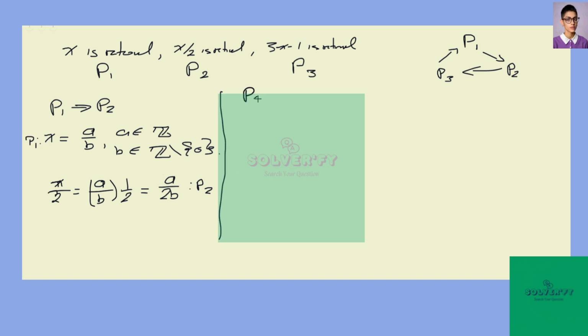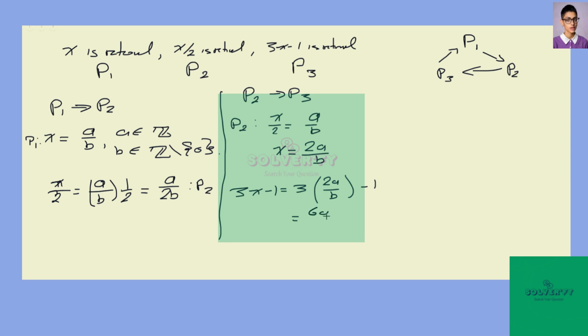To prove P2 implies P3, we start from proposition 2. If x over 2 is rational, then we can write x over 2 as being a over b, given the same condition. So we can multiply the 2 across, so x is equal to 2a over b. Now 3x minus 1 is going to be equal to 3 times 2a over b minus 1. 3 times 2 gives you 6a over b minus 1.